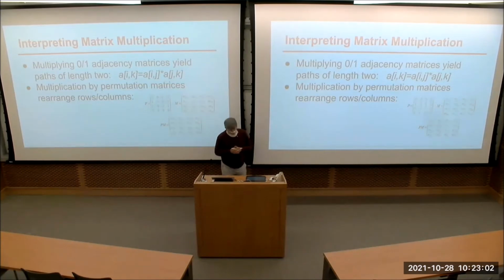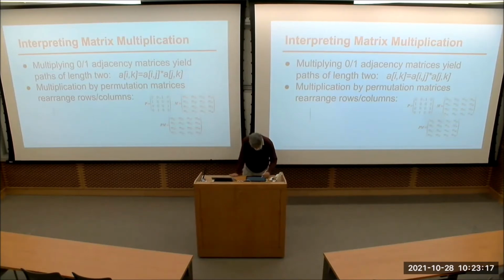Now there are other cases where multiplying matrices by matrices gives you interpretable things. What happens when you take an adjacency matrix of a graph?